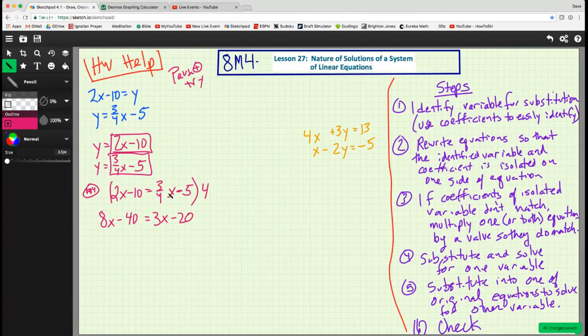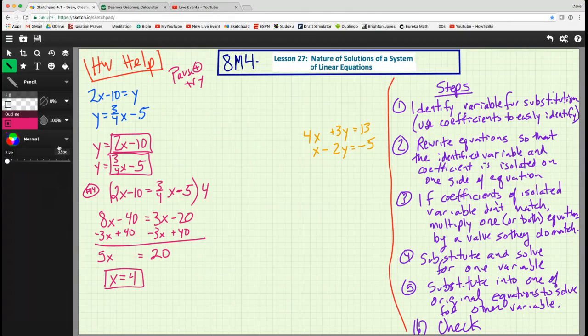You could subtract 3/4 x from both sides, but then you end up with fractions. I hate fractions. So I'm going to subtract 3x from both sides and at the same time add 40 to both sides to get everything done at once. So I get 5x equals 20. So I get x equals 4.